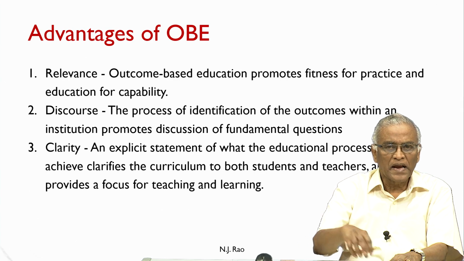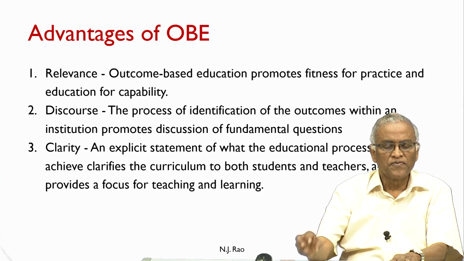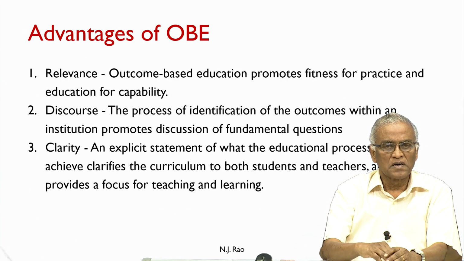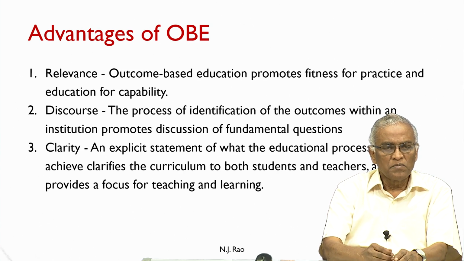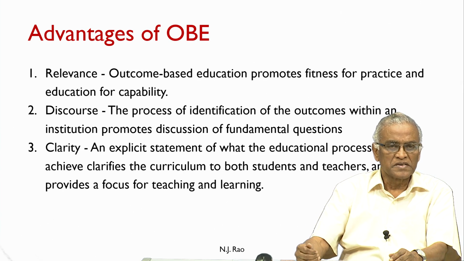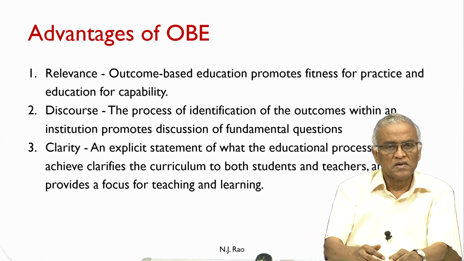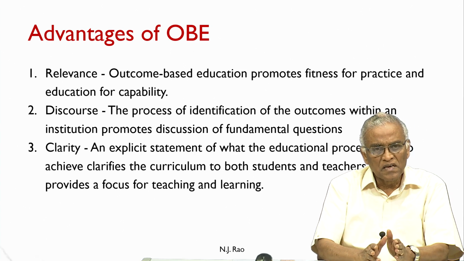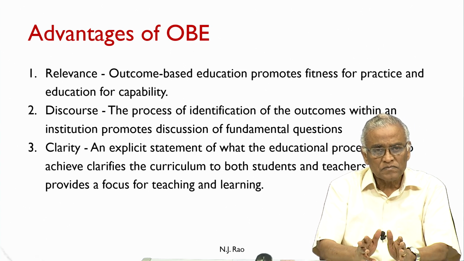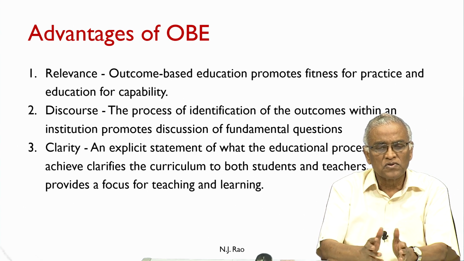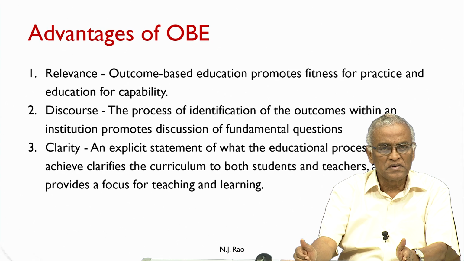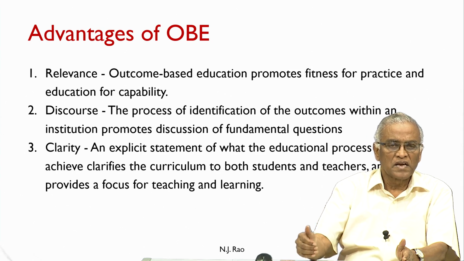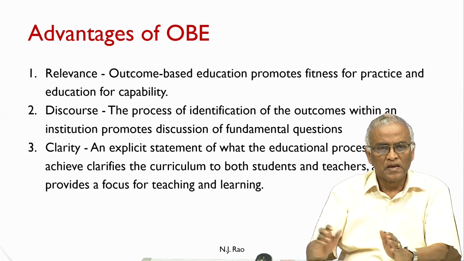That means he has to practice this. So, the practice defines what outcomes should be defined. Similarly, I want my student to have certain capability. I define that capability and work backwards. So, the whole lot of the relevance of what the student is learning is measured with respect to the fitness for practice and the capabilities that he gains.